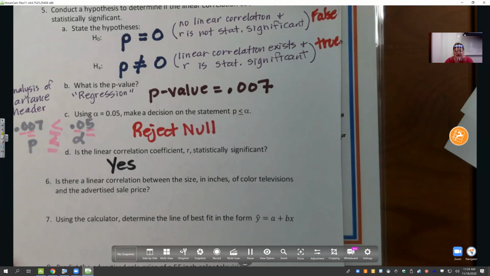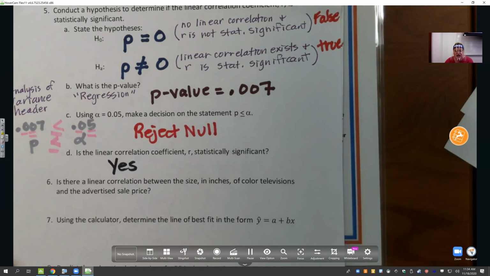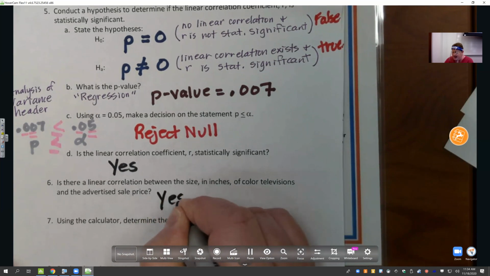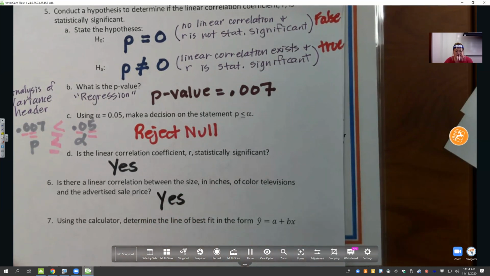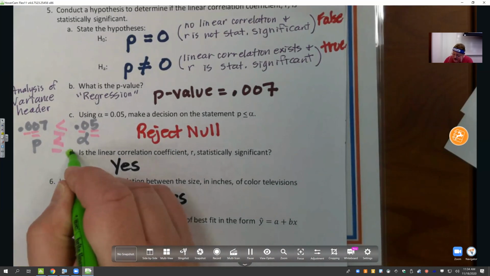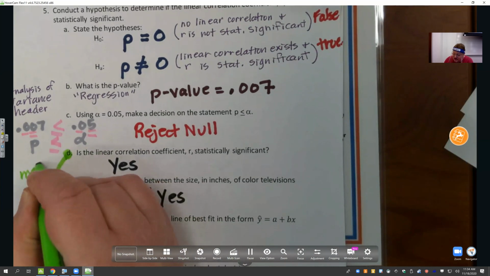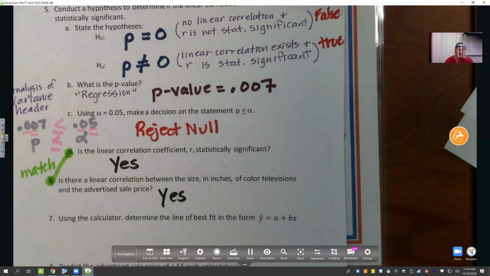And then it says, is there a linear correlation? Guys, if you say yes, R is statistically significant, you have to say yes, there is a linear correlation or there's a connection. Guys, these two answers, the answer for D and number 6 should always match. It's either going to be yes, yes, or no, no.